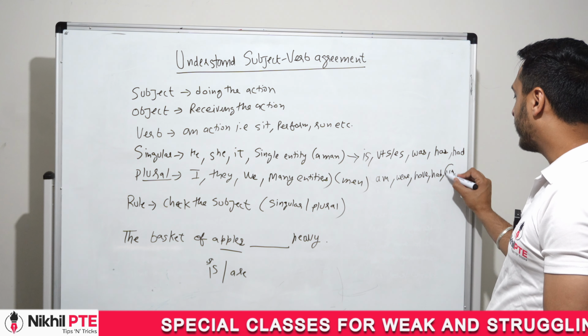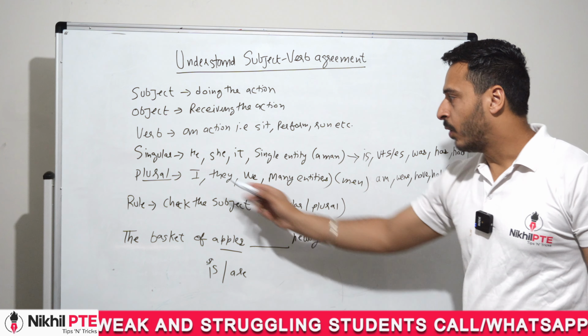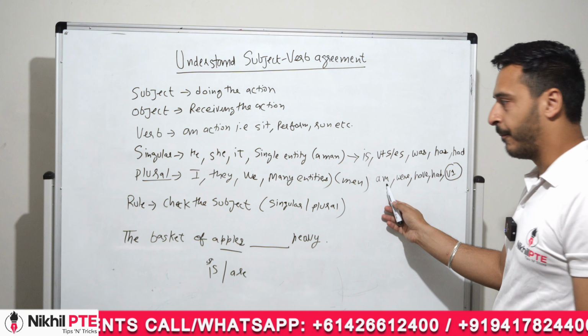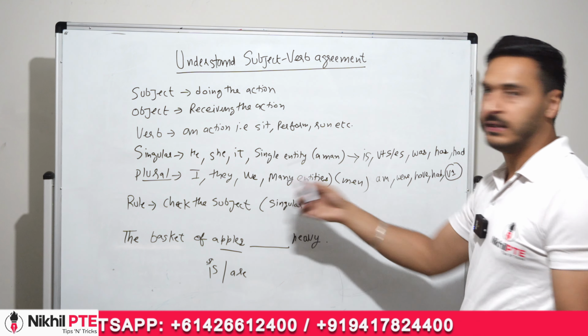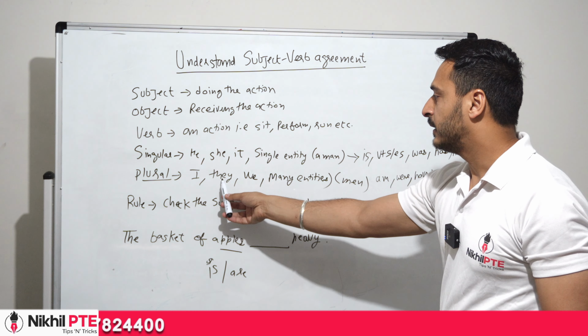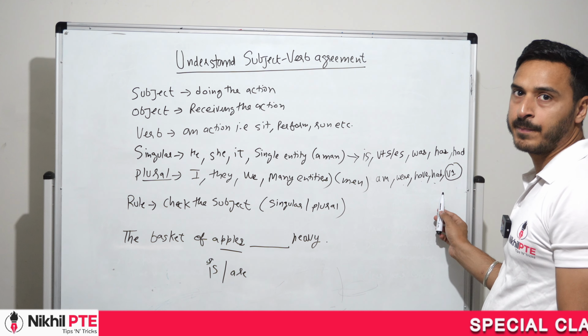No s or es when we are talking about plural. If I'm using I, then I will use am. They is plural. We are talking about many things. They were, have, or had, or the first form of the verb.